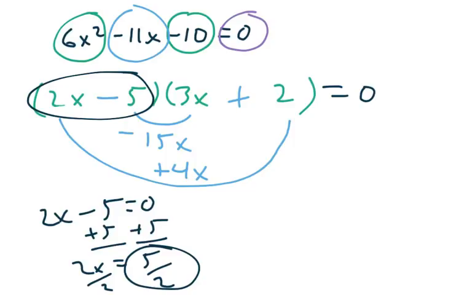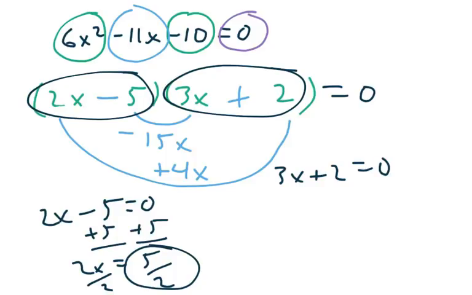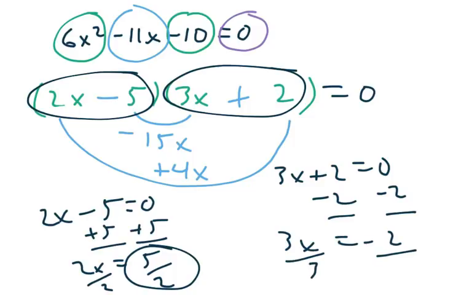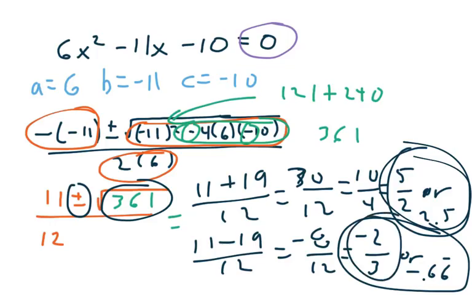And then, of course, let's take the other factor, 3x plus 2, set that equal to 0. So I'm going to minus 2 both sides. So 3x equals negative 2. And once I divide by 3 both sides, there's my negative 2/3, just like I got right there.